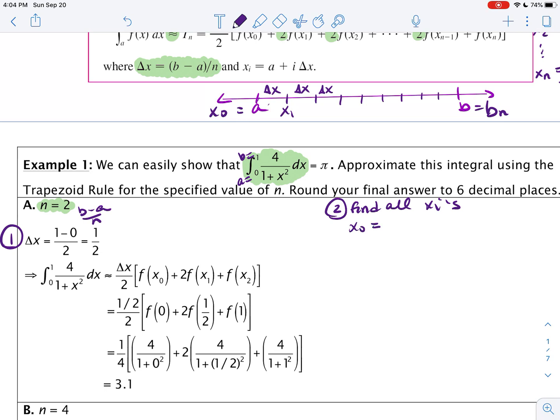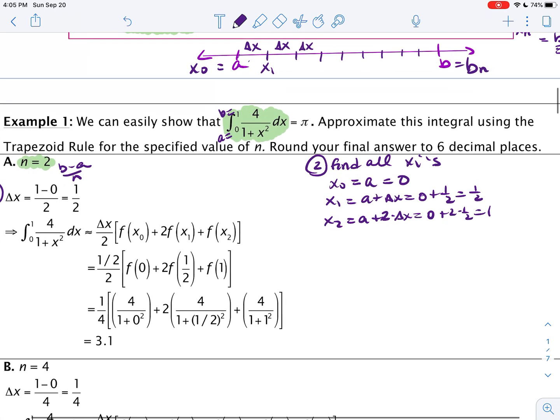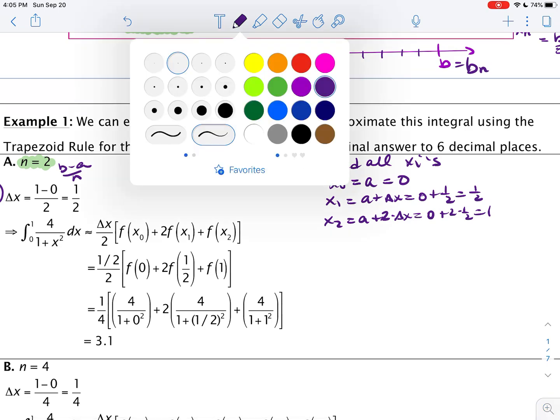So we start with x sub 0, and our x sub 0 is going to be a, and we know that a is equal to 0. Our x sub 1 is going to be a plus delta x, so that's 0 plus 1/2, which is 1/2. And x sub 2 is going to be a plus 2 times delta x, and that's going to be 0 plus 2 times 1/2, and that's going to give me 1.